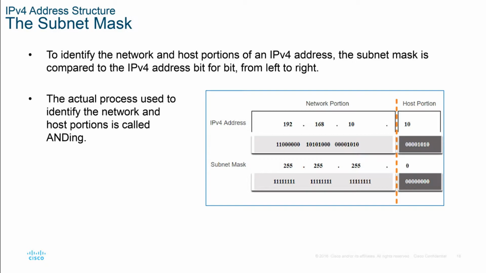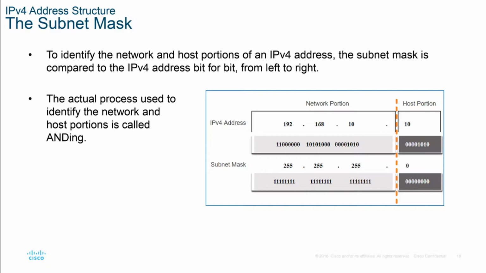Just make sure you heard me, so I'm going to repeat it. In the subnet mask, where you have the 1s, those are network bits, which are tied to the network address. Where we have 0s in the subnet mask, those are host bits, which identify the host address.